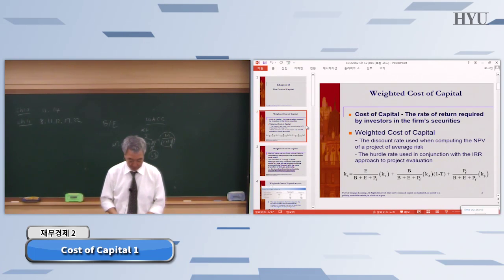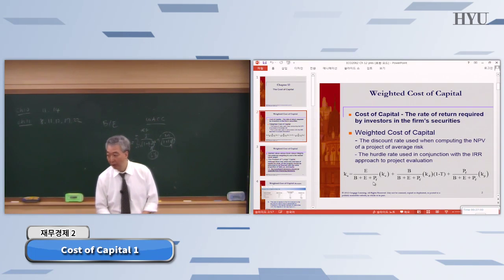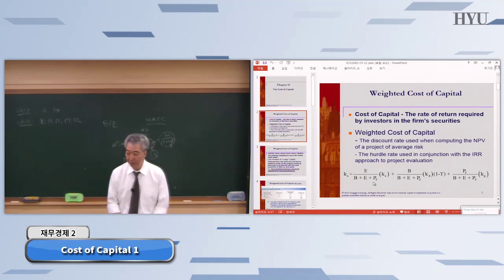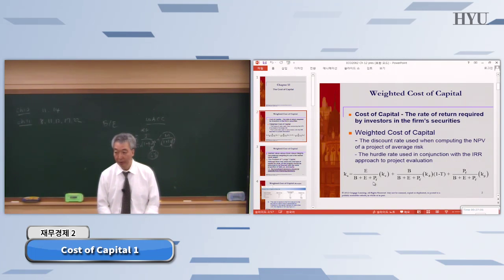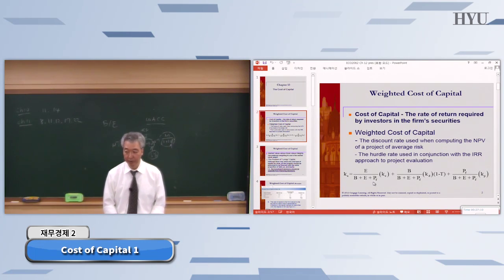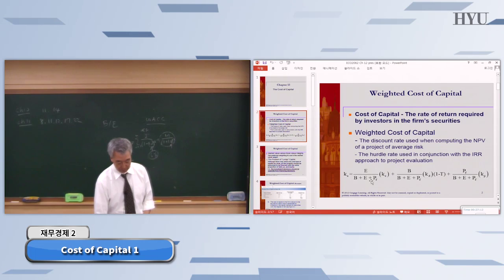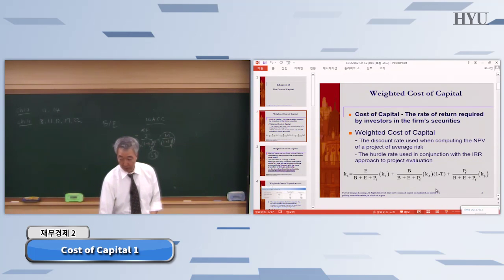All right, so if you look at the first component here, equity divided by B plus E plus P. What is B plus E plus P? What can you say? Asset or total capital. Total capital, right? So the denominator here is total capital.